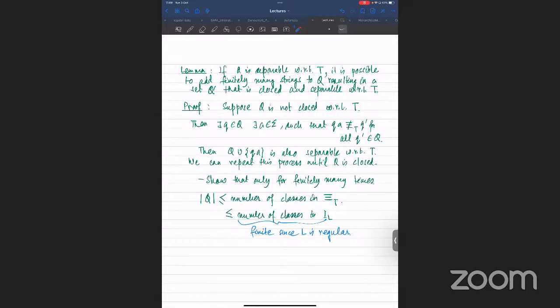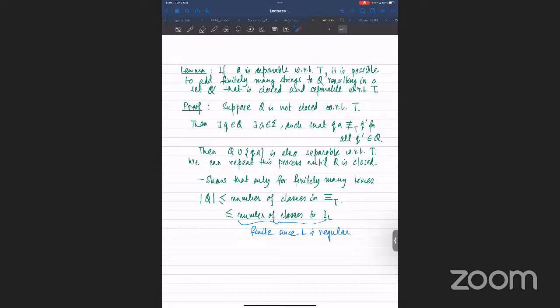And also in this lemma, when we are checking whether qa is T-equivalent to any q prime. How would you check this? This is also a membership query, right?